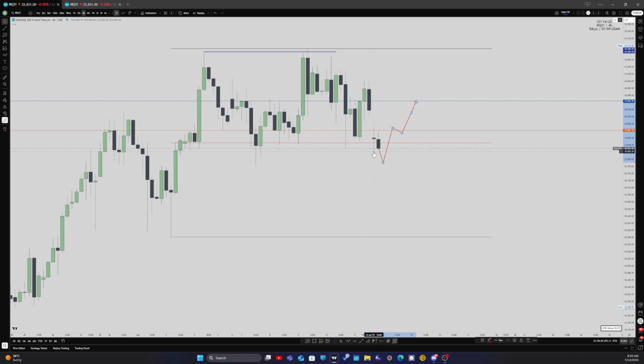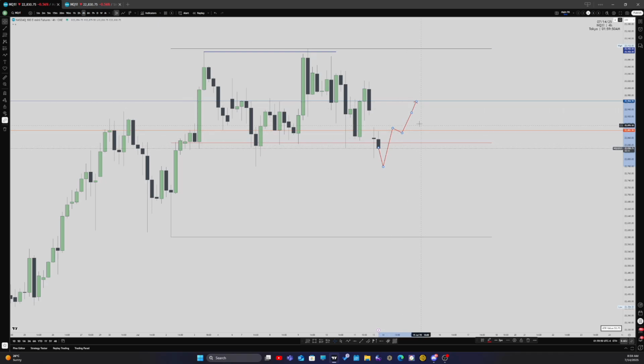If it reverses here, it reverses into this imbalance, into this order block or breaker block to the left, something like this, comes back, retests this level, and here we decide, does the level hold? It goes up to this.